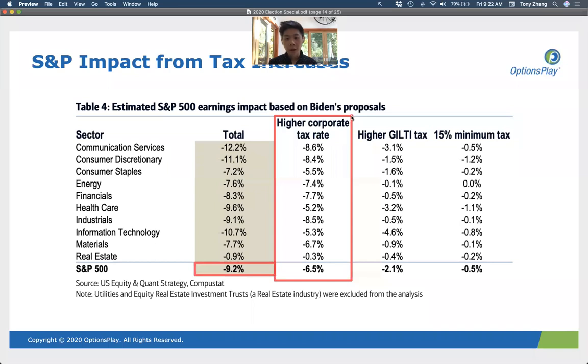The other big thing on Biden's ticket is really the global intangibles low tax income. So this is really where U.S. companies with foreign subsidiaries make revenues overseas and don't have to pay taxes on it until they repatriate their funds.